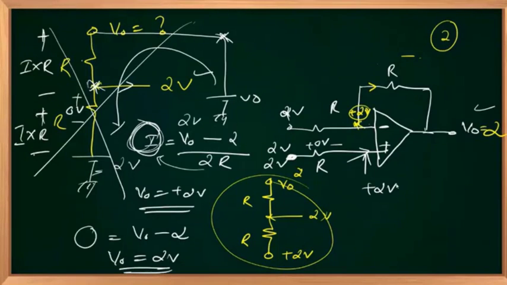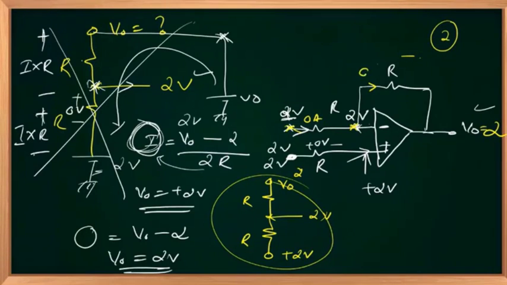Since negative feedback, V plus equal to V minus, this should also be at the same potential as V plus. V plus is at 2, so V minus also should be at 2. This end is 2 volts, this end is 2 volts, so no current flows through the resistor R. Current is 0 ampere because the potential difference across its terminals is 0.